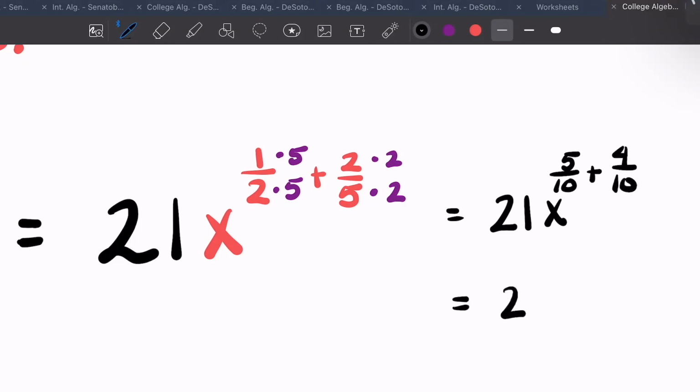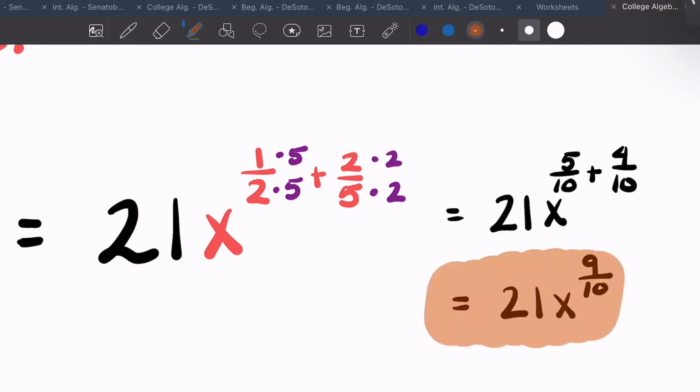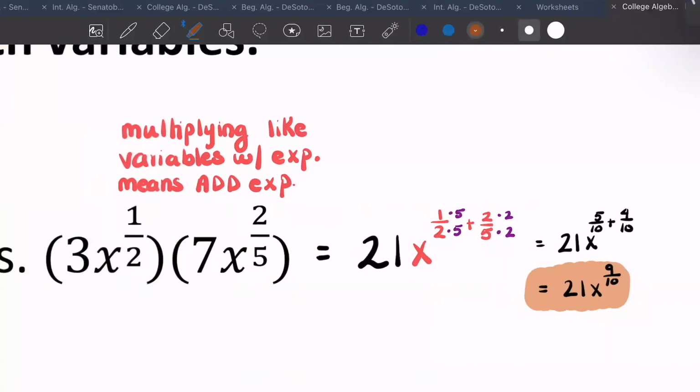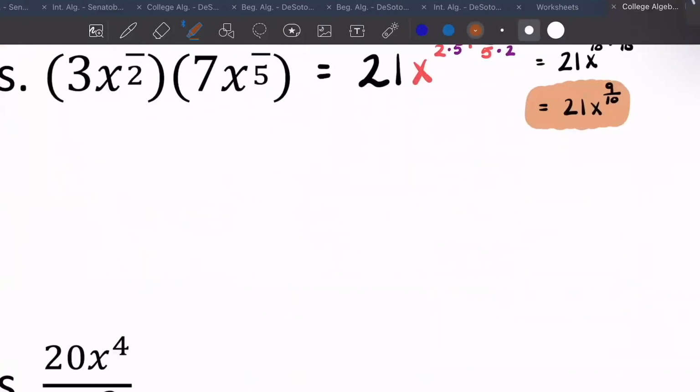Now we can add them, and we get 21x to the 9/10. 21x to the 9/10 would be our answer. So we're adding our exponents there. So we need to find a common denominator.